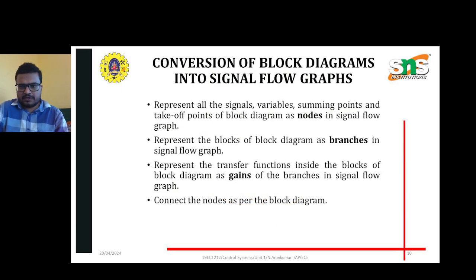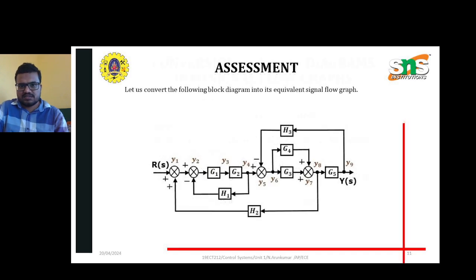Conversion of block diagram into signal flow graph. If you want to convert your block diagram into a signal flow graph, it can be achieved in the following way. Let us consider an example block diagram. In this, many blocks are joined with one another. It can be reduced based on the number of loops or non-touching loops.